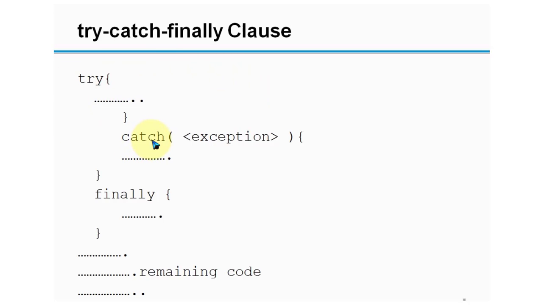Then it jumps to the catch block. After the second instruction, the code will not execute. That means the file closing instruction will not execute. The exception will generate, the catch block will execute and show you the error, but still your file object is in the open state, because the file closing instruction was not executed.